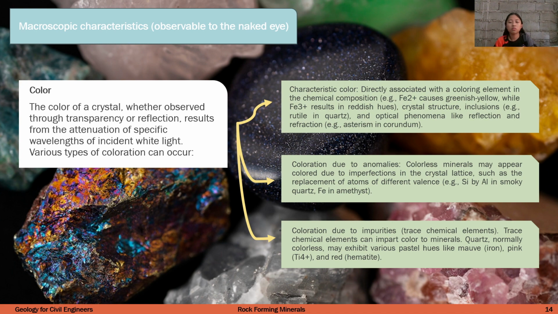That's why may makikita tayo na iba na may colored, and these are the reasons. For as what I've said earlier, dahil ito sa kung paano sila ginawa or may mga tiny chemicals pa doon sa loob nito.